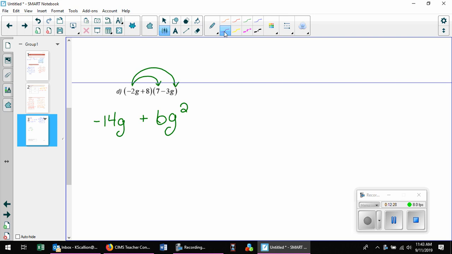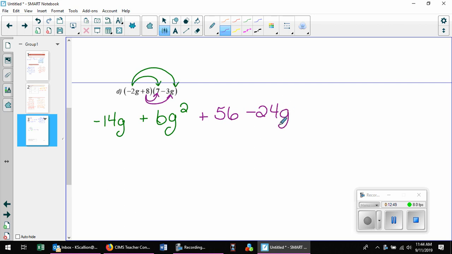Now I've used up the first term. I'm going to go to the 8 and leapfrog this one. So 8 times 7. And then 8 times a negative 3g.